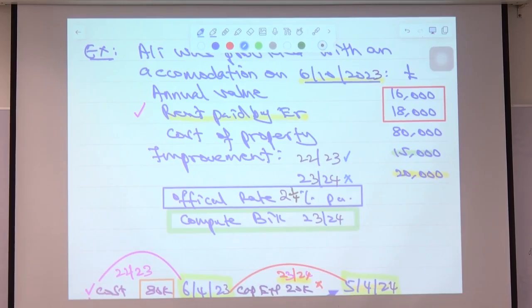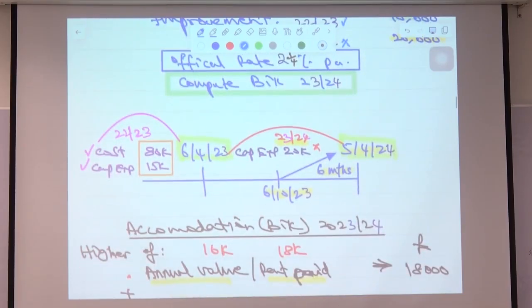Come on, let's start. Original cost, 80,000. Capital expenditure in 23/24, I have given you a diagram here. This one is next year, not now, take it next year.